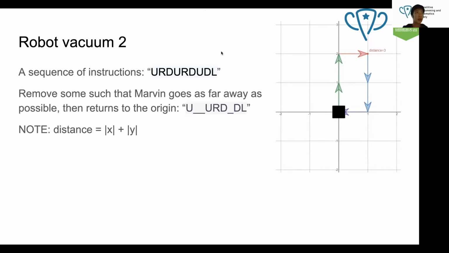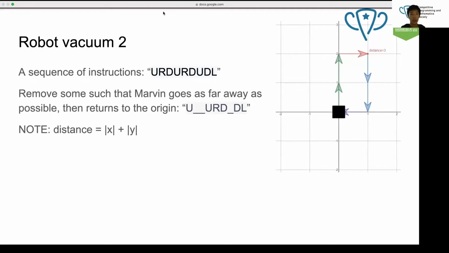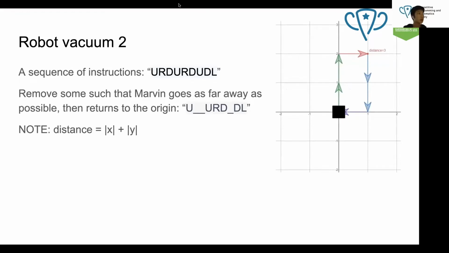What we have is that we can remove a series of commands. They don't have to be consecutive. You want to do it such that the robot ends at the origin, where it starts, and you also want it to go the furthest possible before returning to the start.